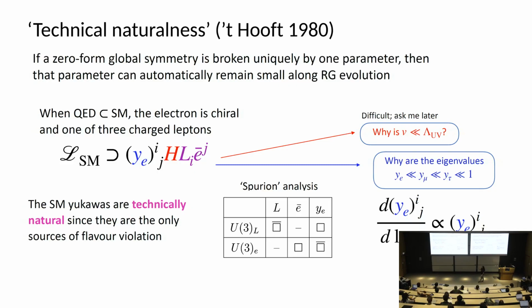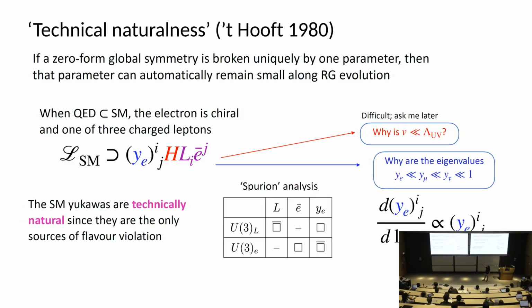When you take the Yukawas to zero, when you turn them off, then each type of fermion has classically a U(3) global symmetry, rotating the three into each other. When we put the Yukawas back in, we can assign the Yukawa a spurious charge under these flavor symmetries to formally restore the flavor symmetries.